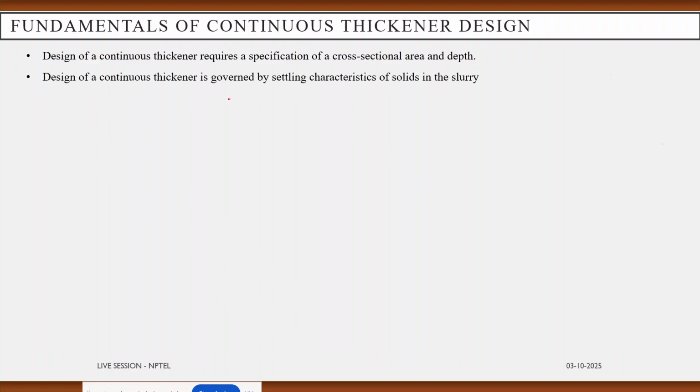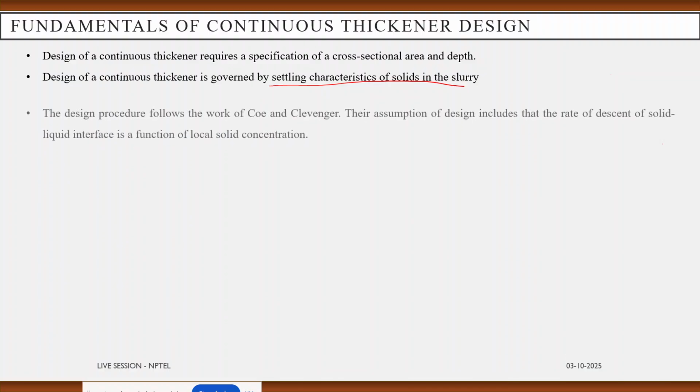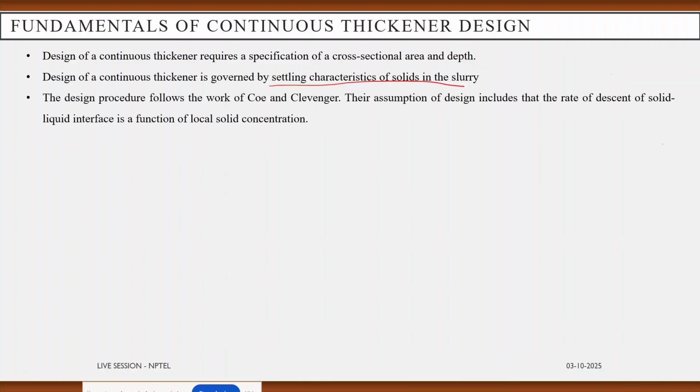The design of that kind of continuous thickener is governed by the settling characteristics of the slurry particles or the solids in the slurry. Now the design procedure follows the work or principle of Coe and Clevenger.